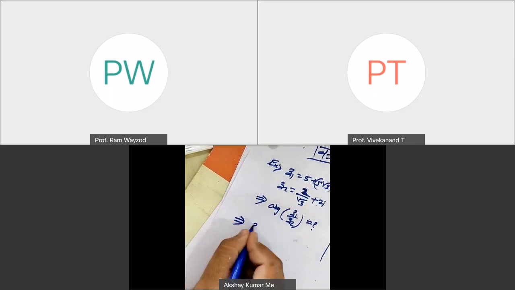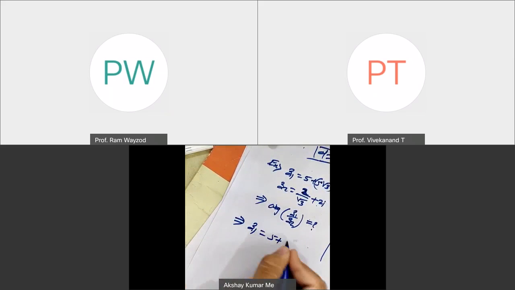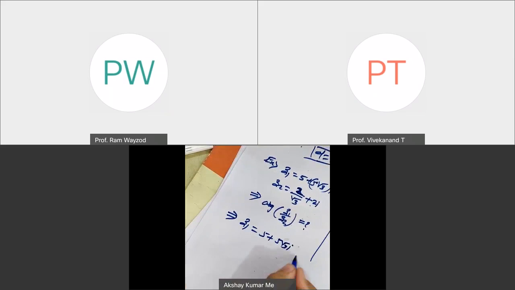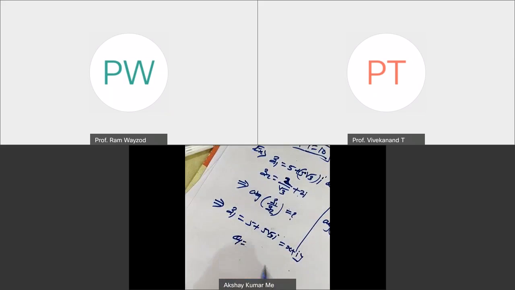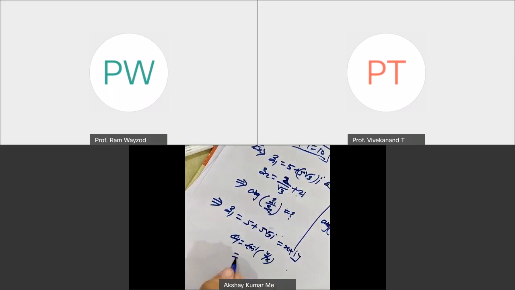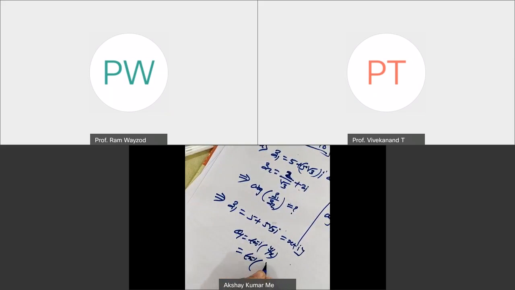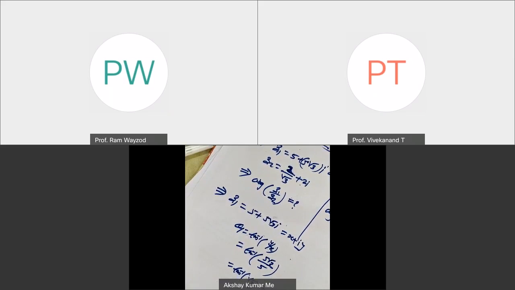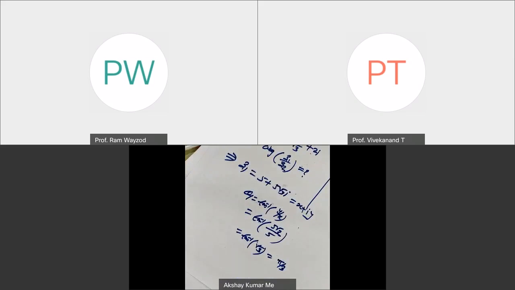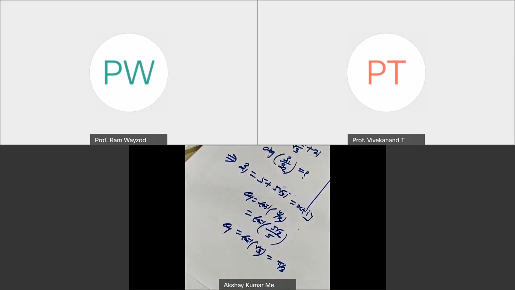First number Z1 is equal to 5 plus 5 root 3i, which is x plus iy. So theta 1 for Z1 and theta 2 for Z2 is tan inverse y by x. So we get tan inverse 5 root 3 by 5, so tan inverse root 3, which is equal to 5 by 3. So this is your theta 1.